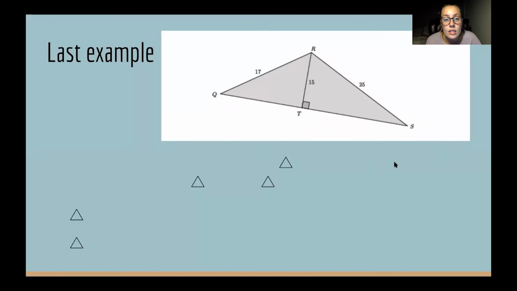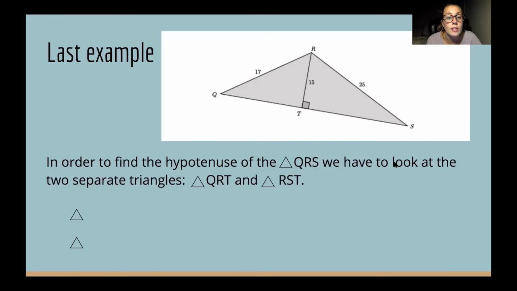Well, this one we're going to have to do a little bit differently. In order to find the hypotenuse of this triangle QRS, we have to look at the two separate triangles, QRT and RST. So in this case, we see this right angle right here, this 90-degree angle.